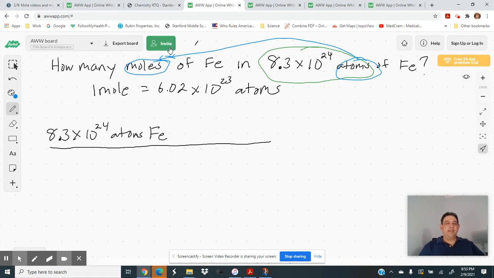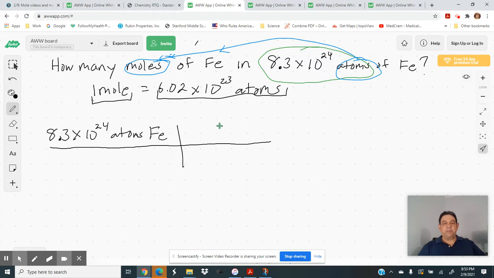I'm going to make a conversion factor where my atoms of iron cancel. If I look at my equality, one side is going to go on top of my conversion factor and the other side is going to go on the bottom.